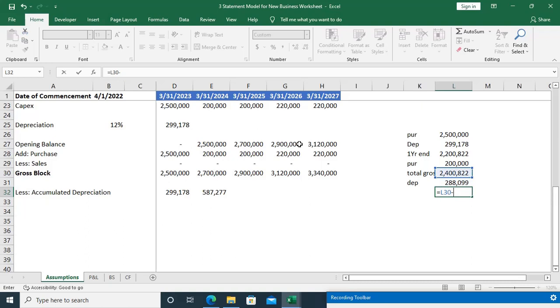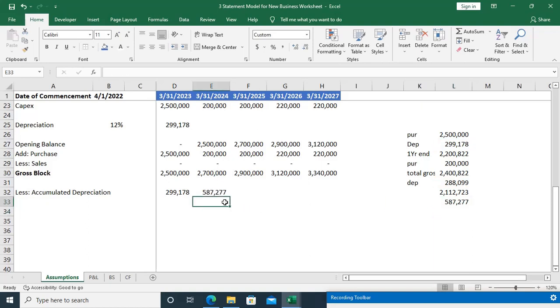This minus this one. Now we were thinking about this accumulated depreciation. Accumulated depreciation means you are accumulating the depreciation. So what should have been your accumulated depreciation at the end of second year? It should have been this, which is actually this, and I have put in the same formula here.